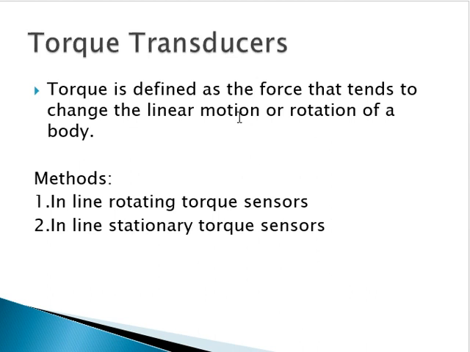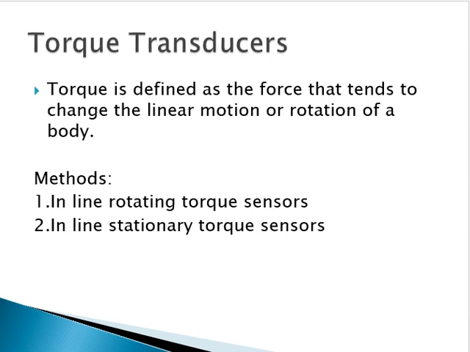Generally torque is used to measure the motion of a rotating body, or a body which is changing its motion. Inline rotating torque transducer means that the sensors are rotating with that body, and in an inline stationary torque transducer the sensors are generally stationary.